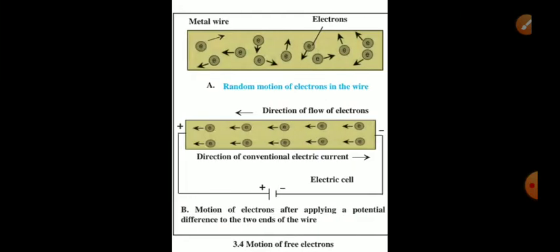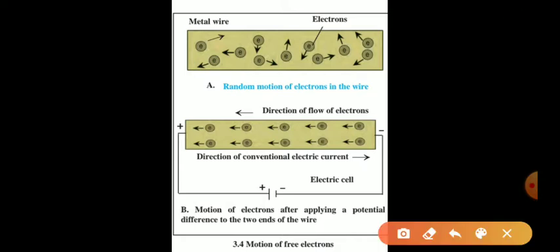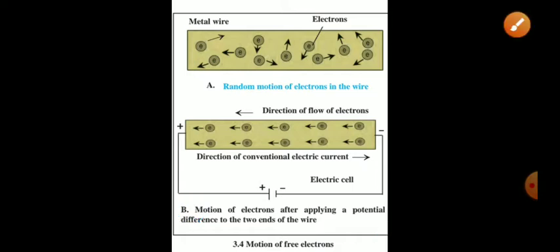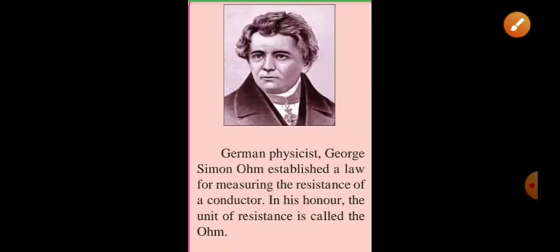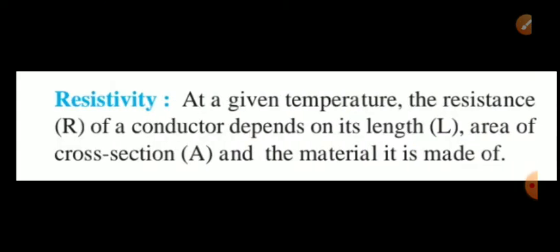You can see in the second diagram, in B, potential difference is added, that means an electrical cell is applied so that electrons start moving in a particular direction. The German physicist George Simon Ohm established a law for measuring the resistance of a conductor. In his honor, the unit of resistance is called the ohm.